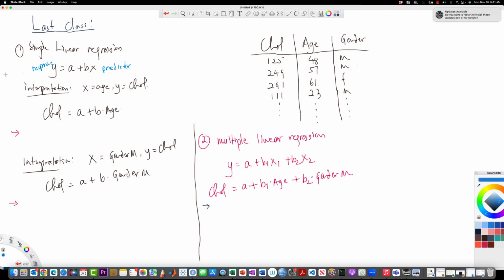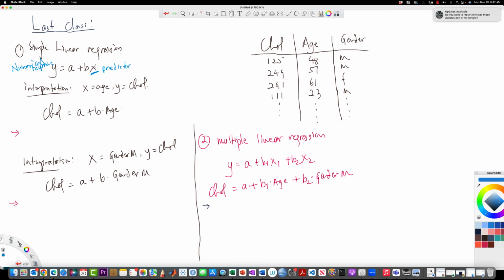y is always numerical. In linear regression, y has values as numbers. x is a predictor variable that can be either a number or a category.